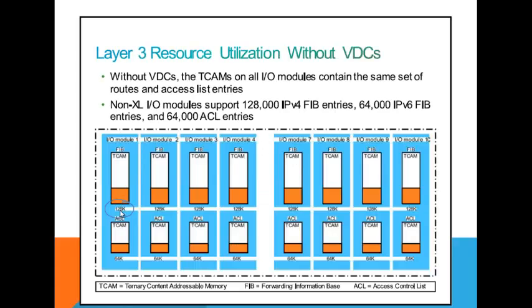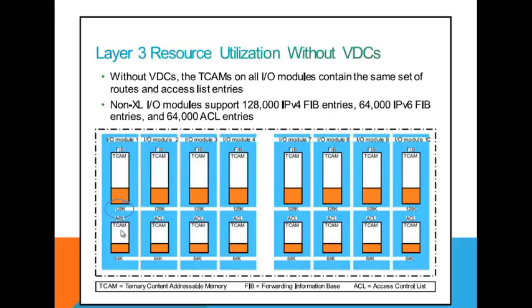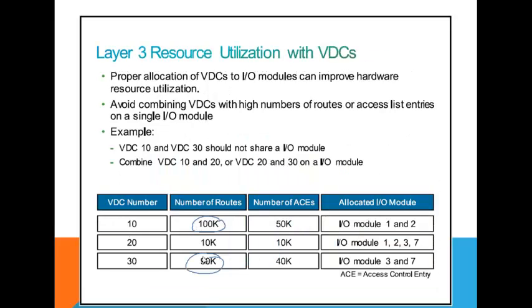If you add these two, 100 plus 90 is what is needed. If I want to share an IO module for VLAN 10 and VLAN 30, the IO module needs 190, but what is there in a particular IO module is a maximum of 128. 190 is too much, more than what is already there in the IO module.